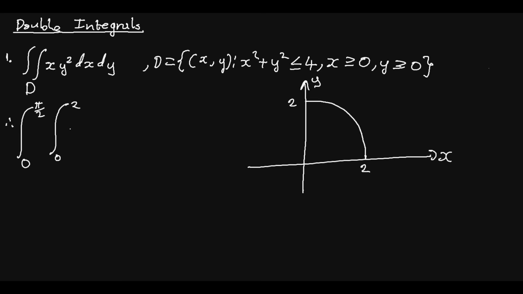Then x, you know x is r cos theta, and y is r sine theta. It means it will be r squared sine squared theta. Dx dy is dA, and our dA in polar form is r dr d theta.